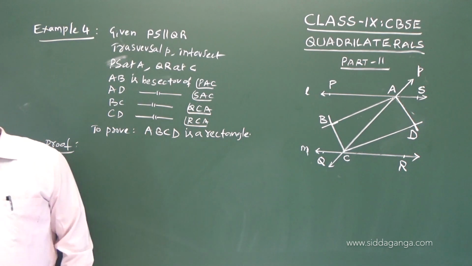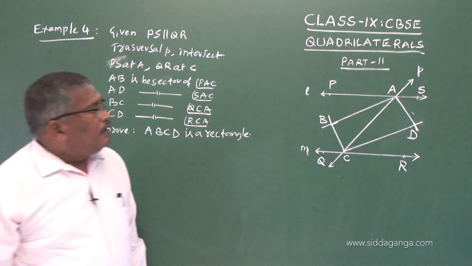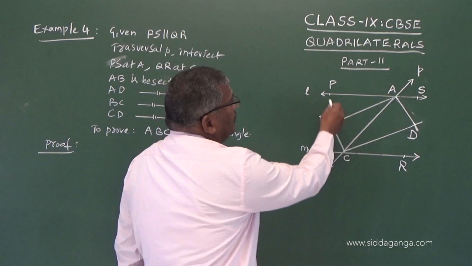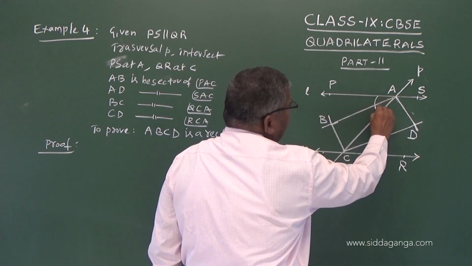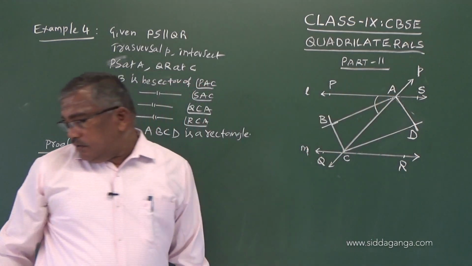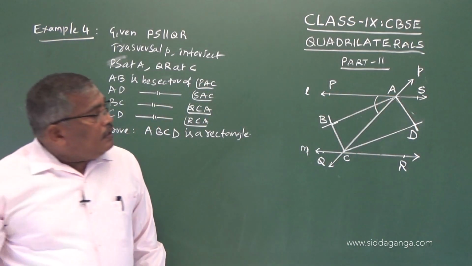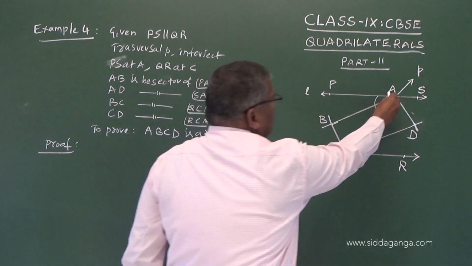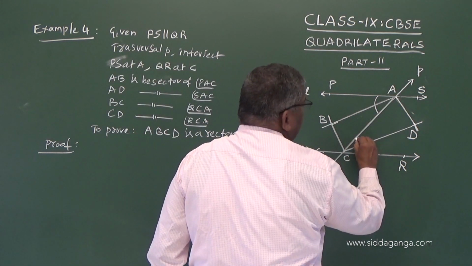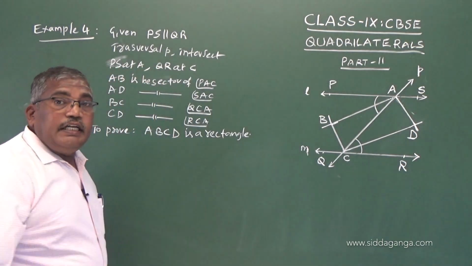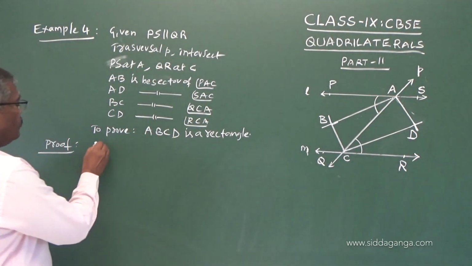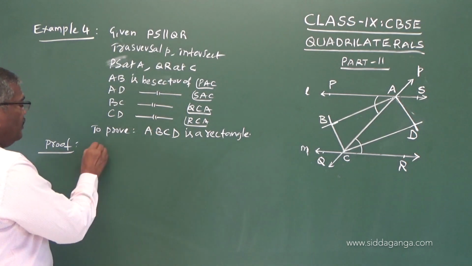Now, proof. So we know that angle PAC and angle ACR are equal because they are alternate interior angles. So I will start from that point.